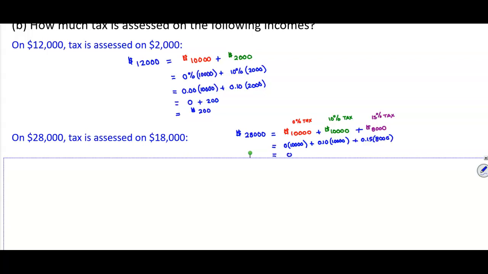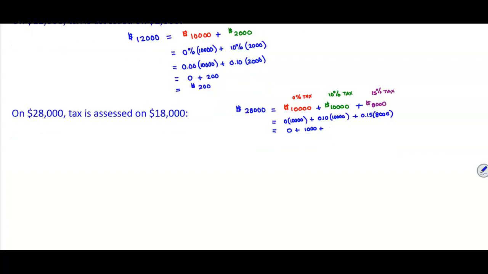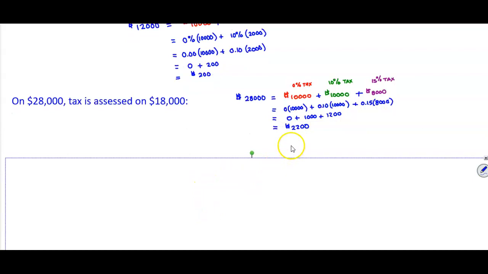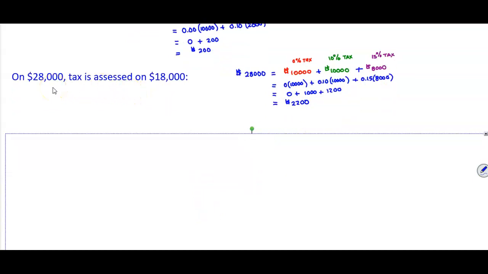So we have 0 plus 1,000 plus 15% of 8,000, which is 1,200. When we add those together, we get a total of 2,200. So the tax is assessed on the $18,000, which is the 10,000 and 8,000. Therefore, 2,200 is the tax on the 28,000.